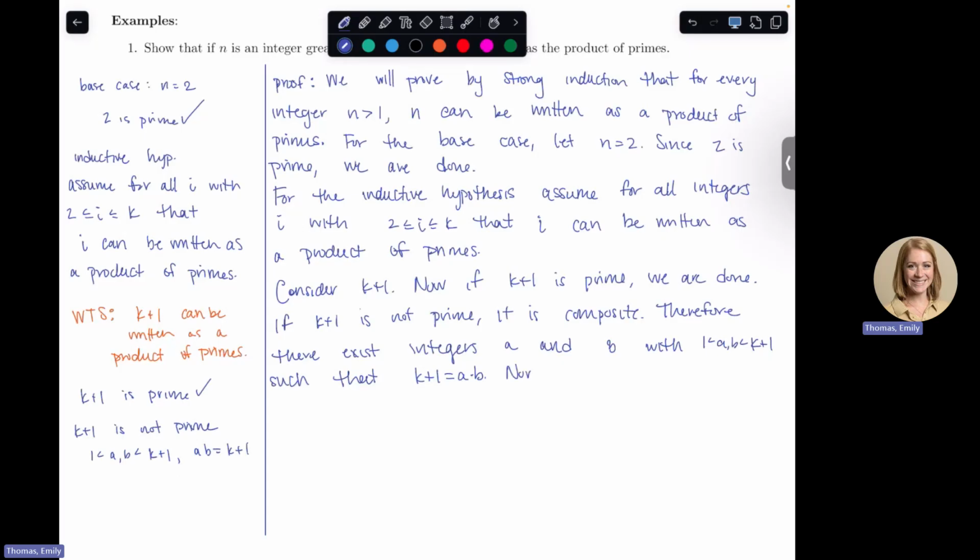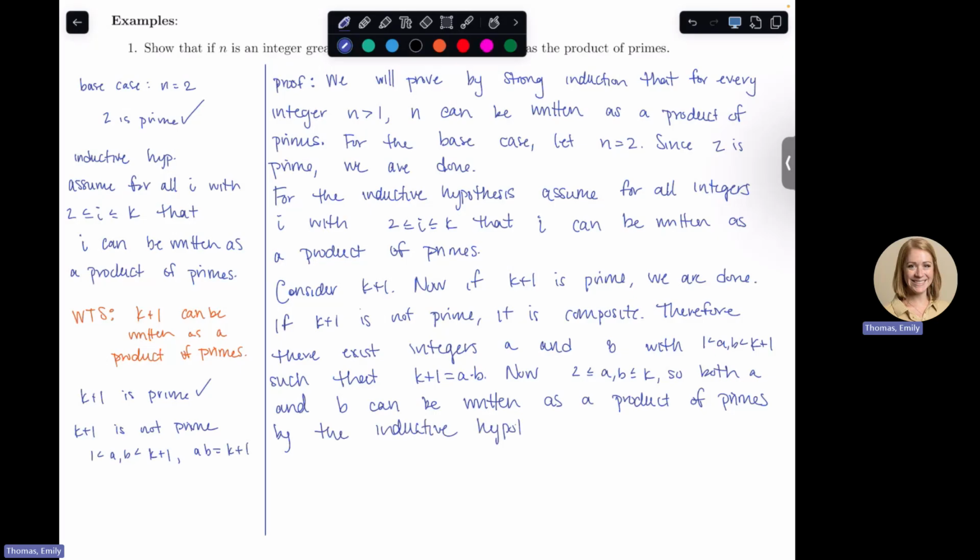Now, 2 is less than or equal to a and b, which are less than or equal to k, so both a and b can be written as a product of primes by the inductive hypothesis.